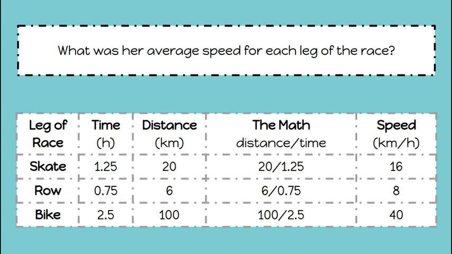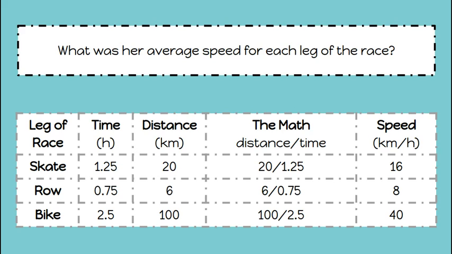For the rowing portion, the time was 0.75 hours. The distance was 6 kilometers, so 6 divided by 0.75 is 8 kilometers an hour. And then for our bicycle portion, it was 2.5 hours, 100 kilometers that she biked, and 100 divided by 2.5 is 40 kilometers an hour.